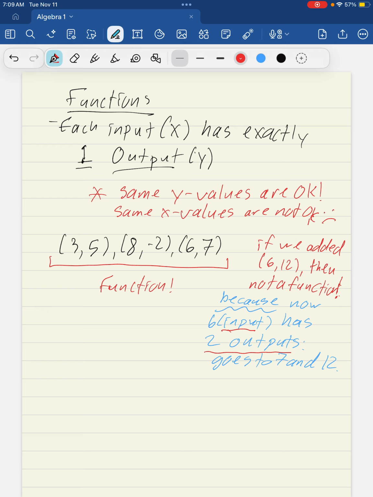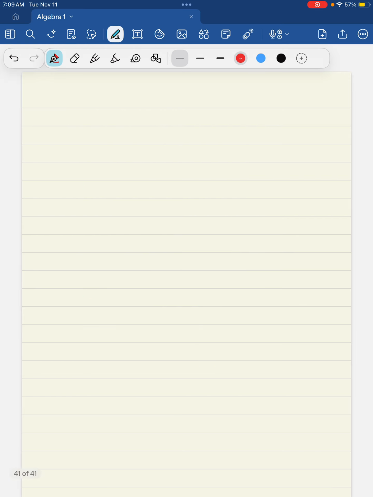So I'll give you guys a few more examples just so we see the process. So if we had maybe 6, 4, 5, 3, 4, 2, and 5, 1.